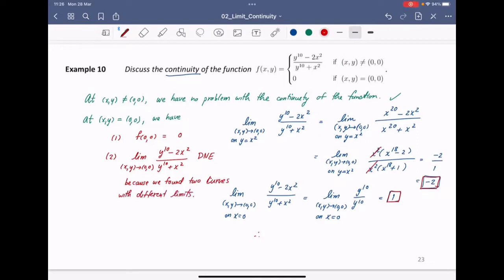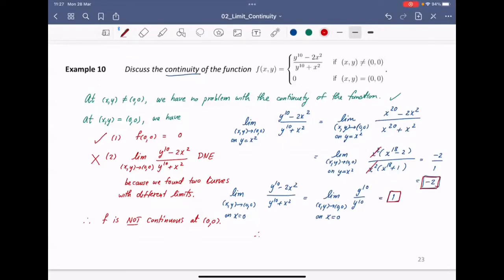Which means condition number 2 fails, so there is no way this function is continuous at the point (x, y) equal to (0, 0). Condition number 1 passed, condition number 2 failed. So you can conclude immediately that f is not continuous at (0, 0). Make sense? It is continuous at any point except (0, 0). This is this question.